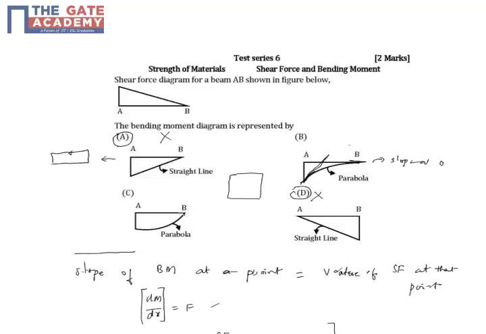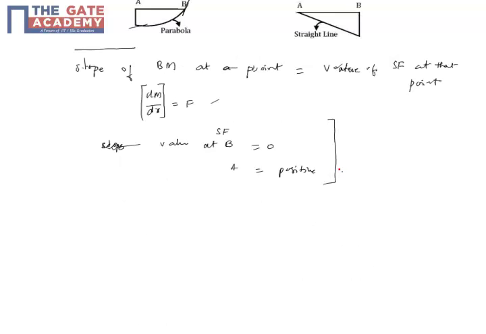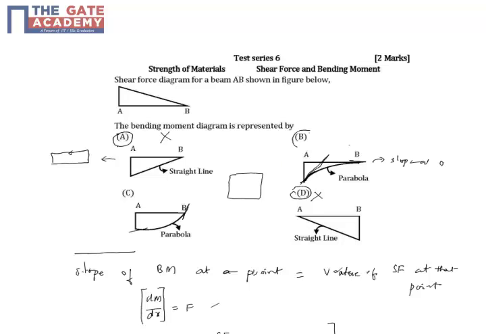But if I look at this curve, at B it is positive, whereas at A it is 0. The corresponding diagram for the option should satisfy this: at B the slope should be 0 and at A the slope should be positive, and that happens only in option B.